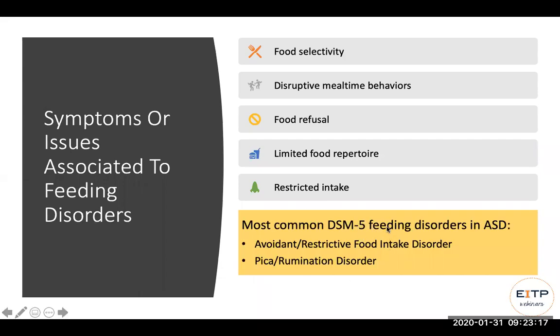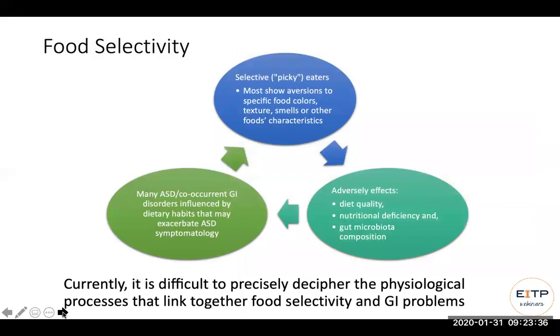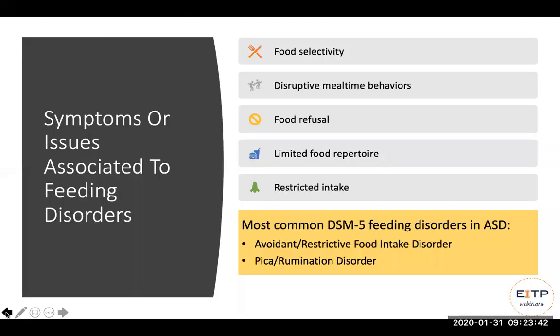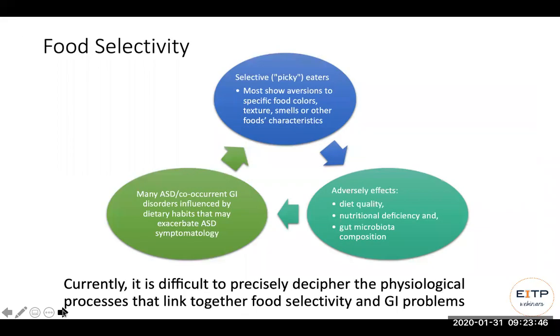If you look at the literature, the two most common feeding disorders are avoidant restricted food intake disorder, for all the causes that I mentioned before, and there's also pica or rumination disorder. And I want to go a little more into, so we're going to have a different slide here. Okay, so let's go to food selectivity.